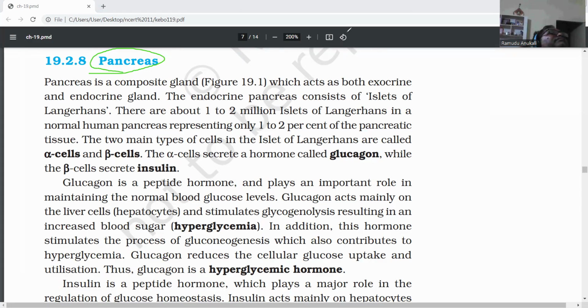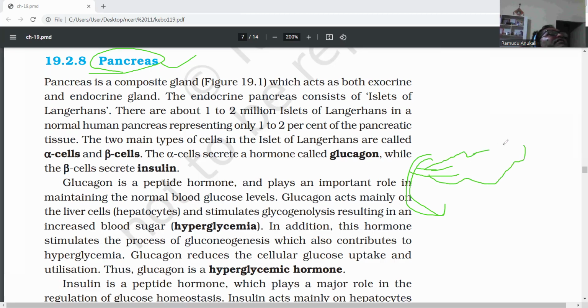Pancreas is called a mixed gland because half of the portion belongs to the digestive system, and the rest of the portion belongs to the endocrine system. The pancreas opens into the small intestine region and is present on the left side.